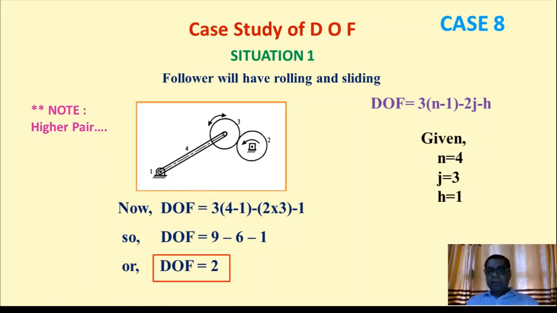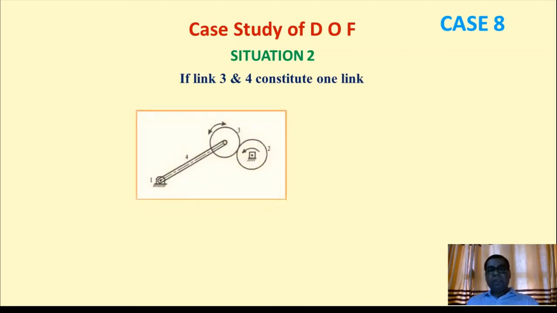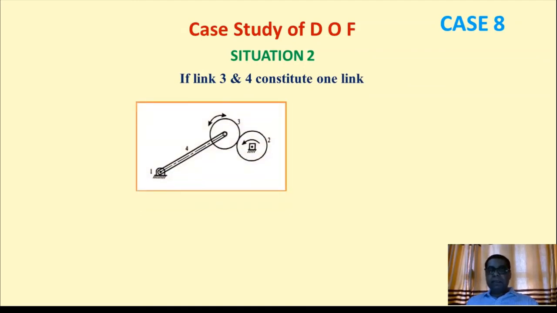If you have understood this, then it's okay. Otherwise you roll back and just go through this video once again to understand what actually is going on, because situation 2 will be different in case number 8. In situation 2, if the link 3 and 4 constitutes one link, that is there is no rotary motion of link number 3, if that phenomenon is going on, still it is considered as higher pair.